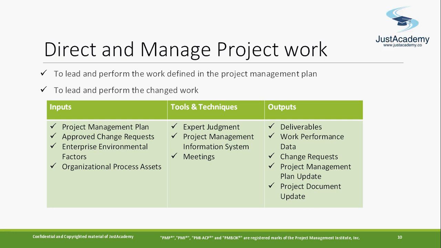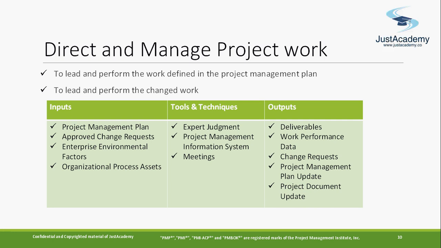So the inputs will be there. Most of the time you find that the next process has an input from the previous process, but it is not a standard. It's just that the next step follows, so that's why in the previous process you get a project management plan. The project management plan was an output from the develop project management plan process.